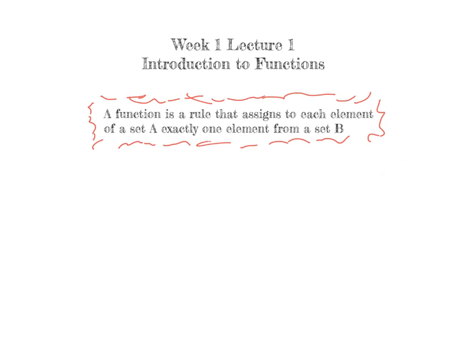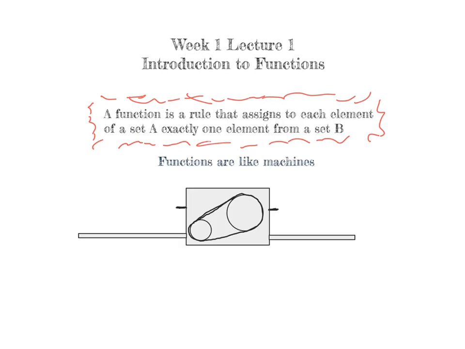Now let's turn to some important terminology and notation you will see over and over again. A common analogy for a function is a machine, where something goes in, the machine does something to it, and the result comes out. In light of this, we refer to the elements of the first set, or the things going into the function, as inputs.